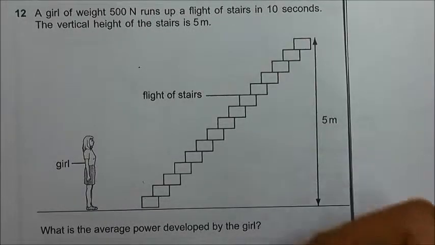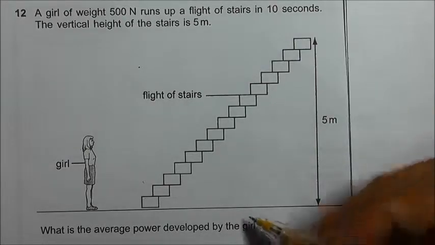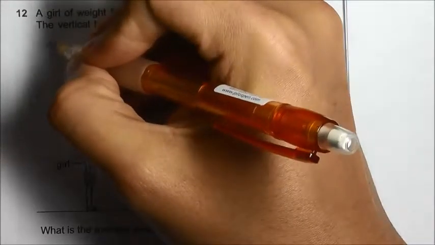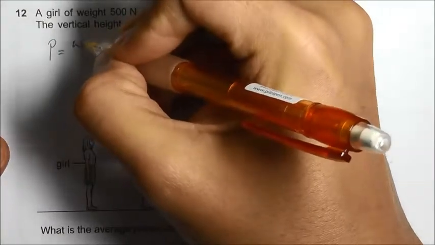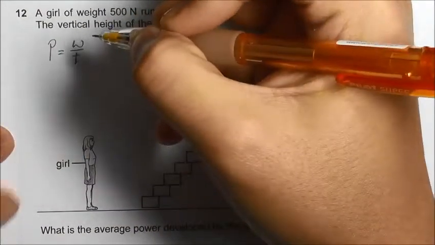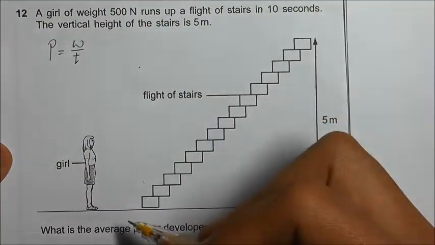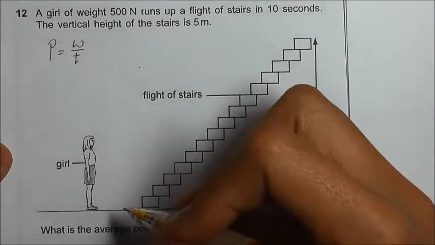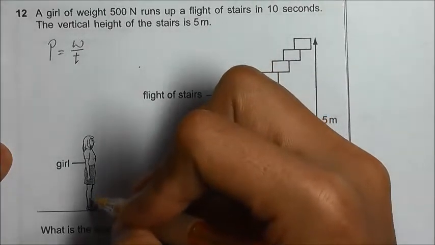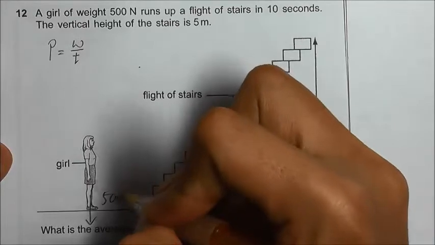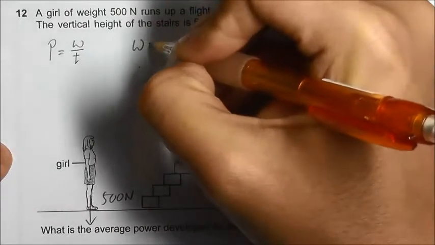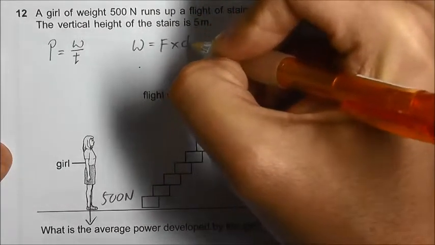Okay, to calculate the average power developed by the girl, we can use the formula power is equal to work done over time. So the work done by the girl is actually the work done against her weight. So her weight is 500 Newton. So the work done is equal to force times distance.